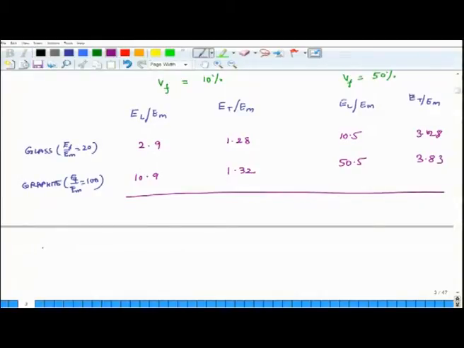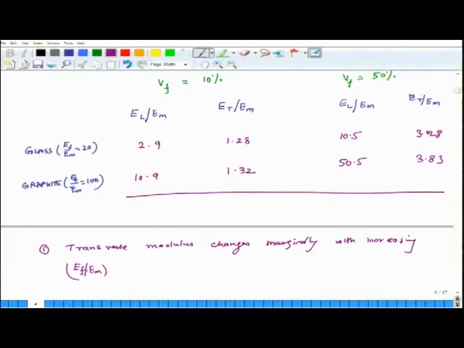So, the first observation is that transverse modulus changes marginally with increasing Ef over Em parameter.